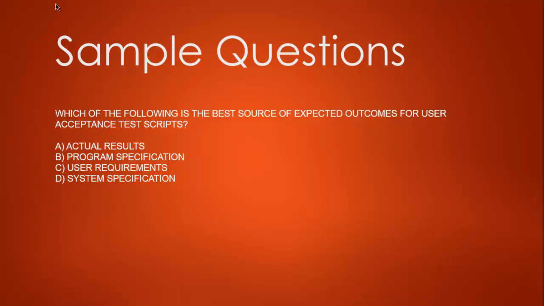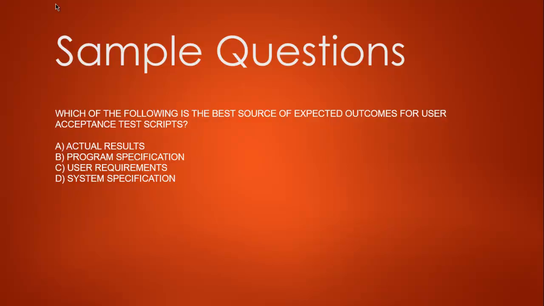Program specification is again wrong. You can run a browser of any version, but you have to carry on some task. So program specification is not the best source. Then user requirements can be a good source for expected outcomes. And then system specification.